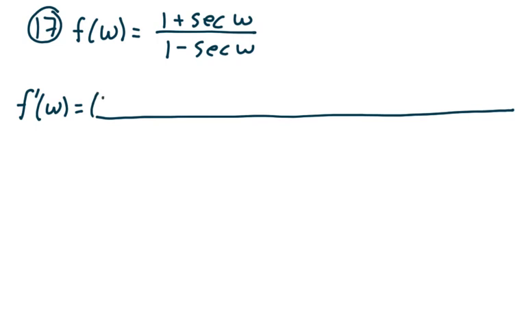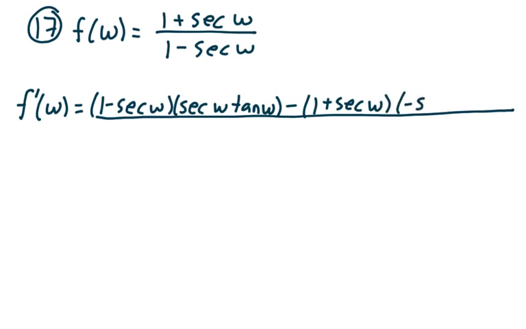So I'm going to go 1 minus secant w times secant w tangent w minus the top function, which is 1 plus secant w times the derivative of the bottom function, which is negative secant w tangent w.